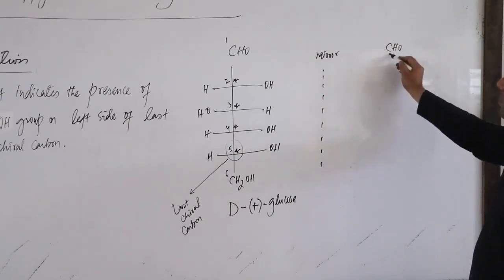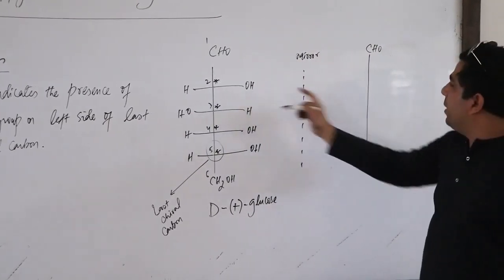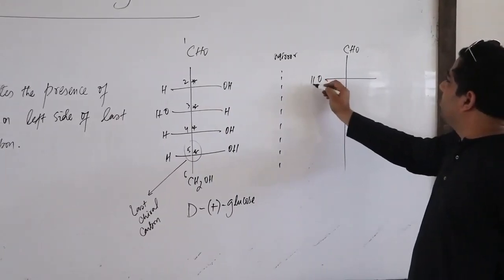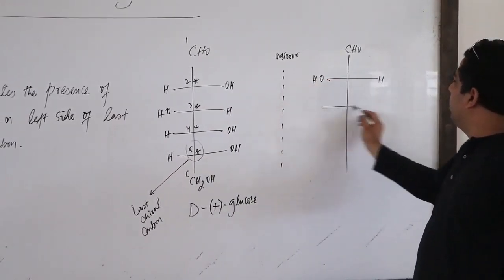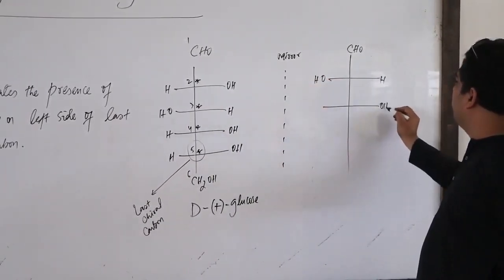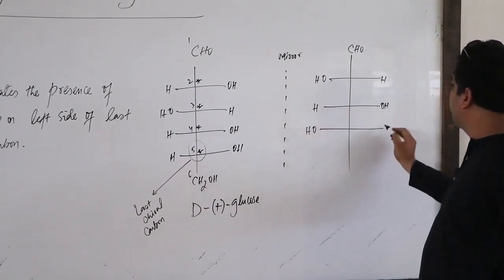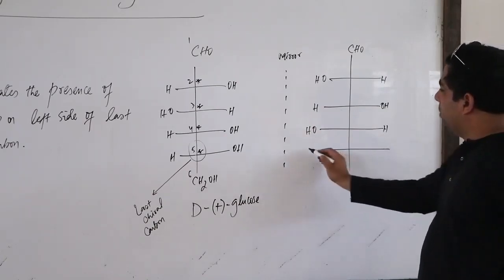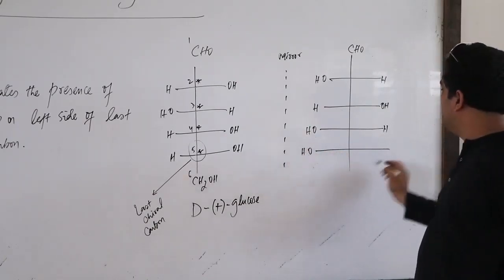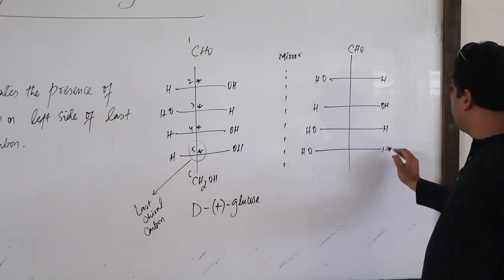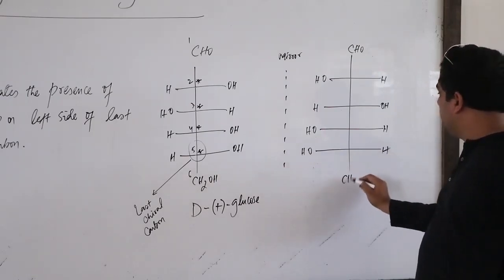CHO. OH will go on the right side and here it will be on the left side. Here it will be on the right side. Here it's on left, here also on the left side. Exactly opposite structure you will get. CH2OH.